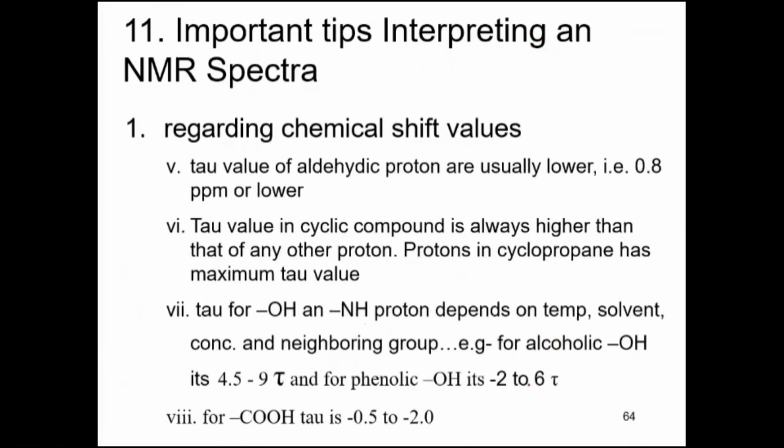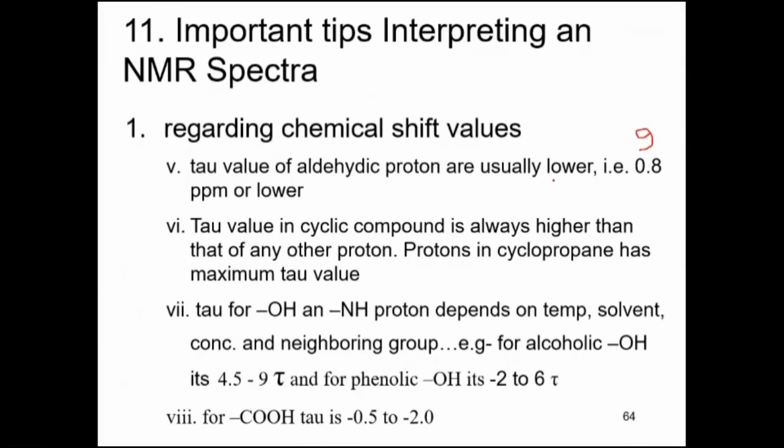Tau value of aldehydic protons is usually lower than 0.8 ppm or even lower. So what about the delta value? It will be more than 9 or near 10. Tau value in a cyclic compound is always higher than that of an open-chain proton. Protons in cyclopropane have the maximum tau value, so they will have the minimum delta value.